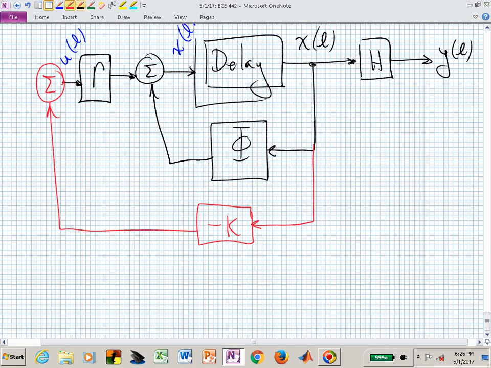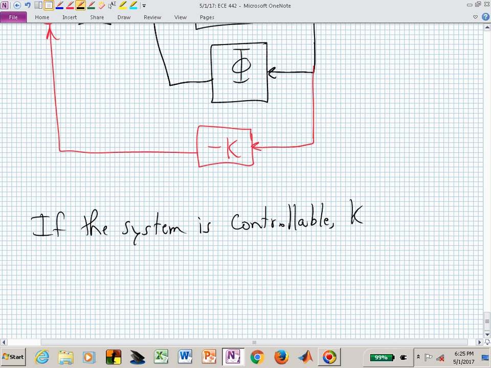What do we know is possible? If the system is controllable, then we can pick K to move the dynamics wherever we want. K can adjust the dynamics arbitrarily.